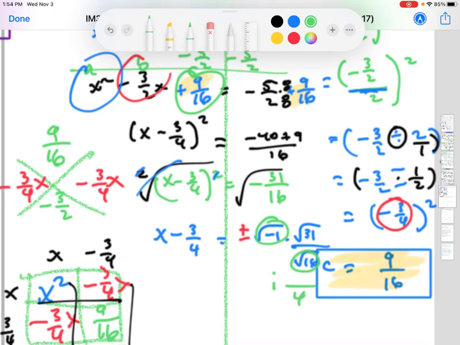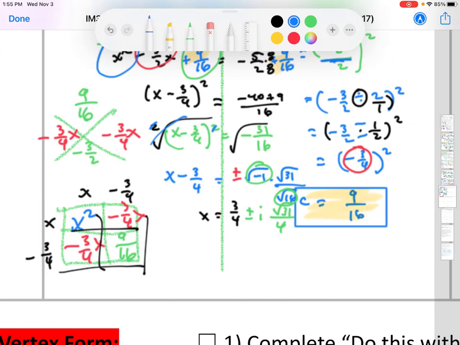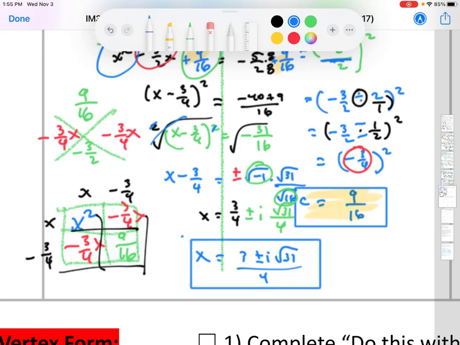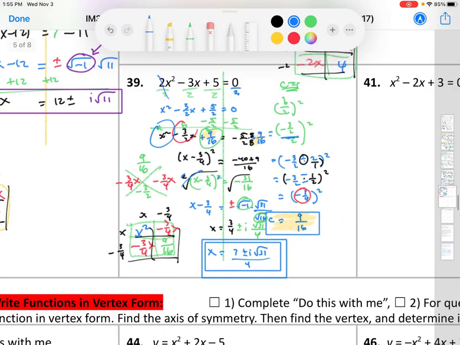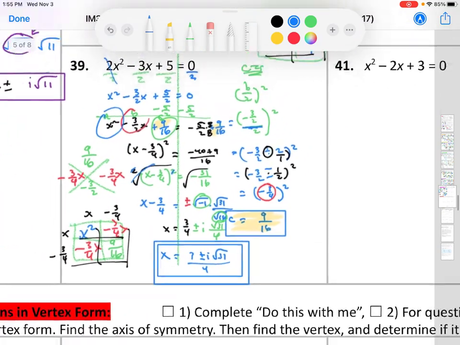This will become 4. And if you add 3/4 to both sides, it goes here on the left. And you can put that together. So 3 plus or minus i square root of 31 over 4, because they both have a denominator of 4. Let's double box that so you don't get confused with the C value.